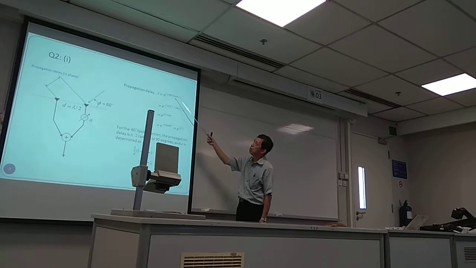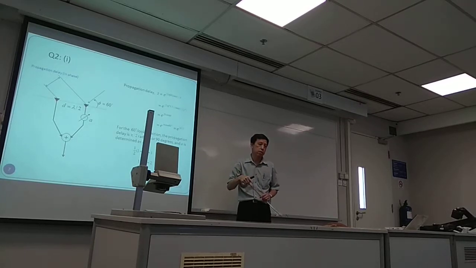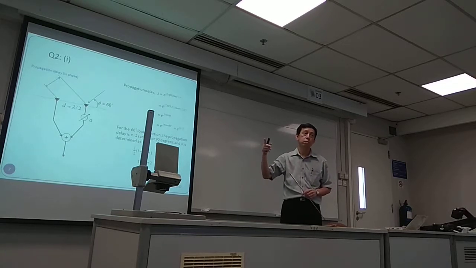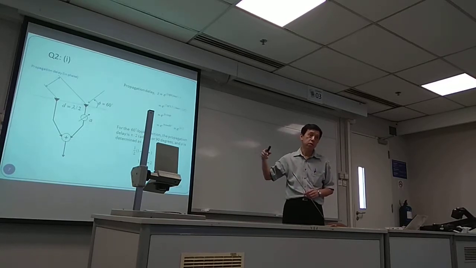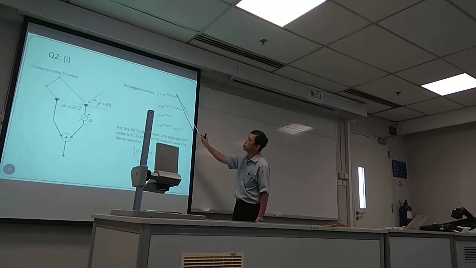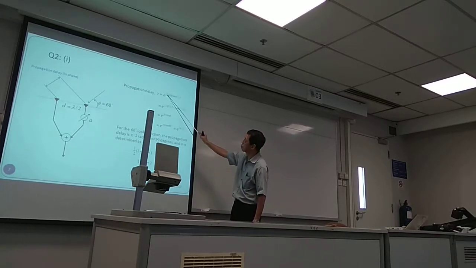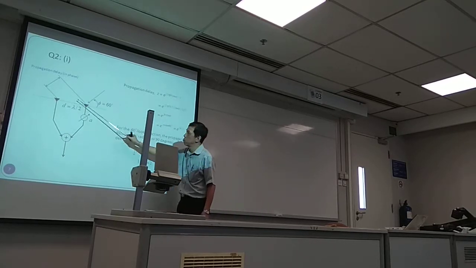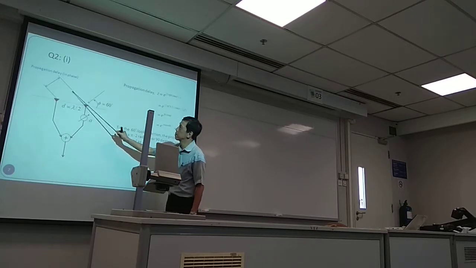Alright, so you can either write this as e power j psi, or you can write in this form, e power j 2 pi f, and then propagation delay. Alright, so you have 2 pi f, f is of course the operating frequency, d cosine phi corresponds to the distance, this distance.